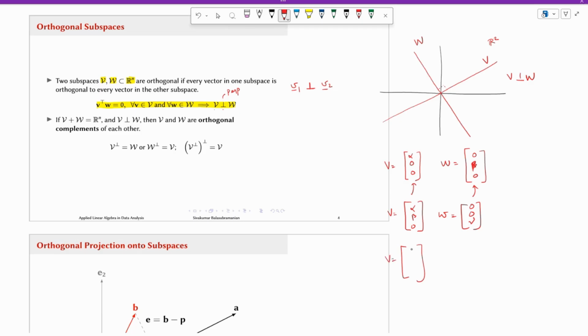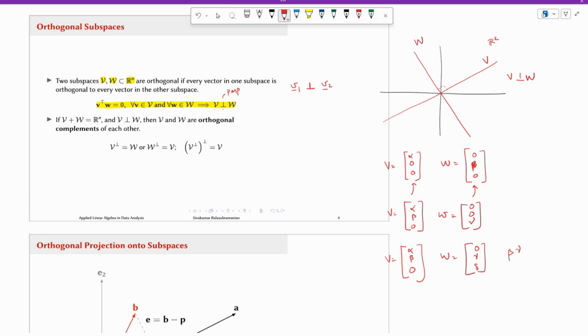Say the first one is the XY plane. It will be alpha, beta, 0. The other will be 0, gamma, delta. Here you're not guaranteed that they will always be perpendicular to each other. If you take the inner product, you'll get beta gamma. Well, if beta and gamma are non-zero, then you get non-zero. That means they are not perpendicular.